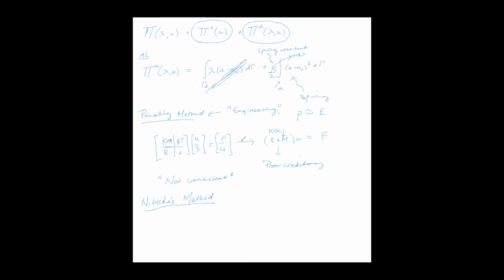Does anybody know what we do here? It's just a very simple trick that we do. In other words, we need to keep the structure of augmented Lagrangian. We need to keep its properties, but we have to eliminate lambda somehow, the Lagrange multiplier.